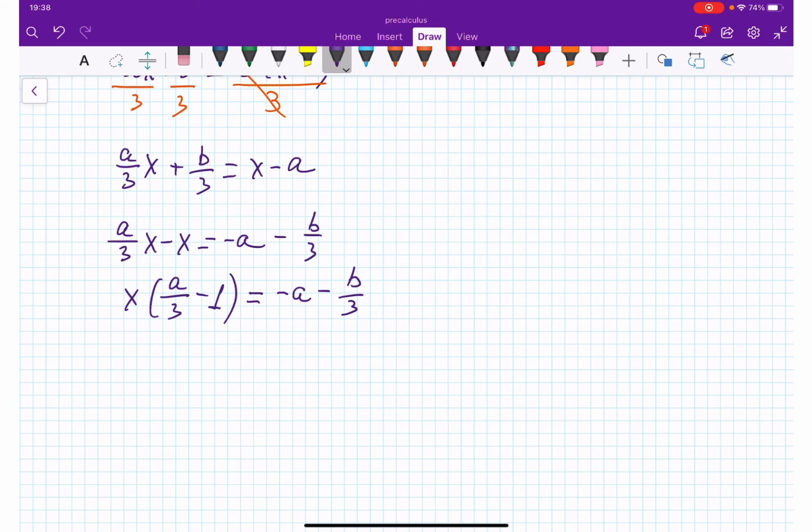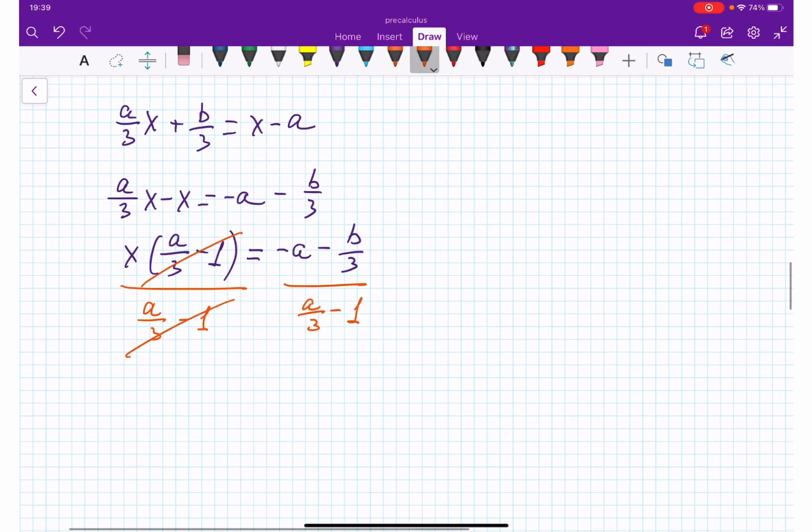Okay, so from here, what do we get? We need to get our x, which means we are dividing a over 3 minus 1. Same thing I'm doing here, a over 3 minus 1. This one is gone, so I'm getting x is equal. So let's see, bringing to common denominator, negative a minus b over 3. Common denominator is 3.